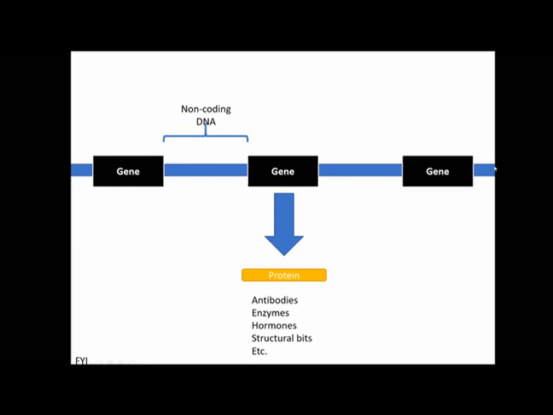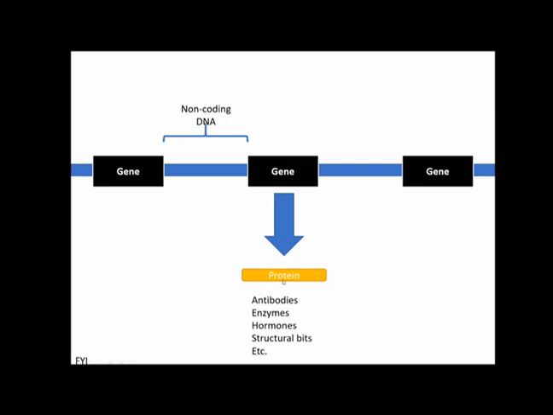But if we look at our long string of DNA, there are patches that are genes that are coding for particular proteins. Then you have the stretches that don't really do anything. Then you have some more genes. And each of those genes is providing the instructions to make different proteins.